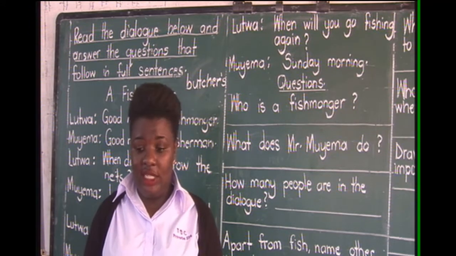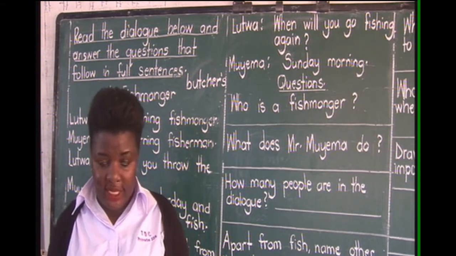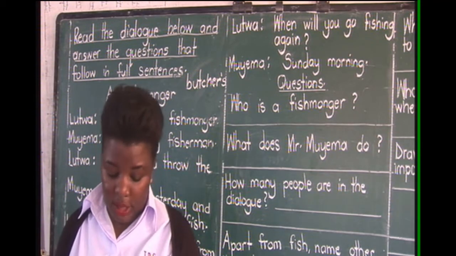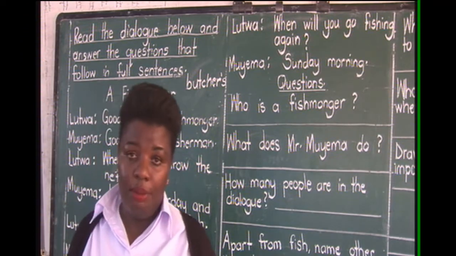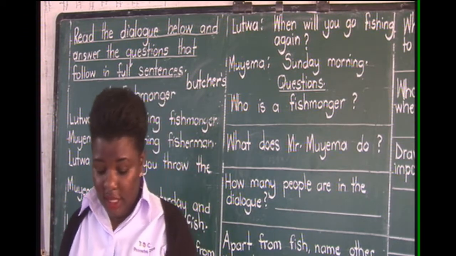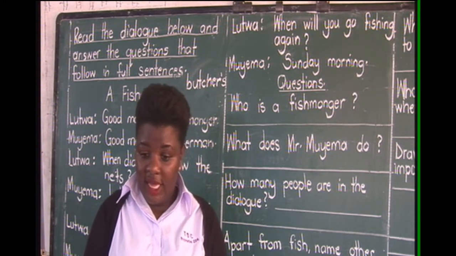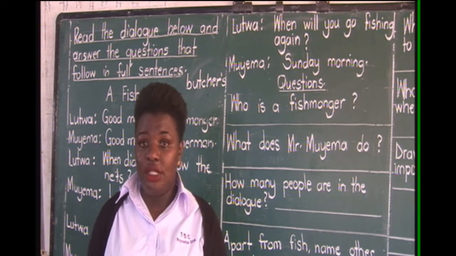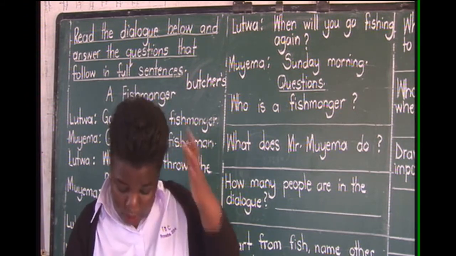Remember, when you're starting a sentence, you must start with a capital letter. What does a cobbler do? Then you begin, a cobbler, with a capital letter. Then you tell us what a cobbler does. And then don't forget to end your sentence with a full stop.